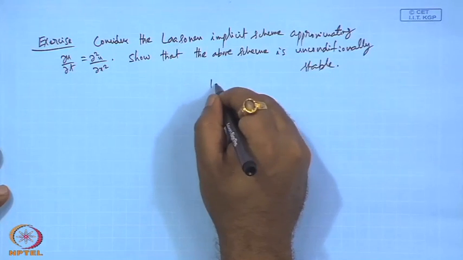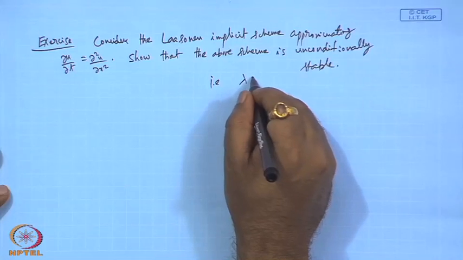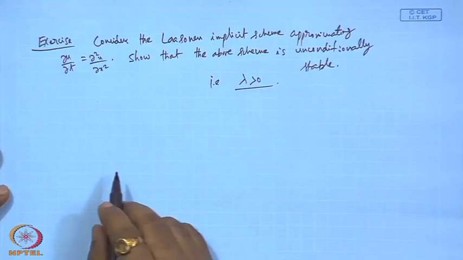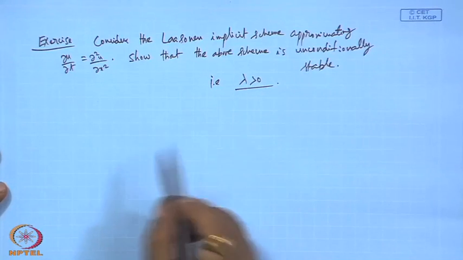Okay. So, that means for all lambda, so we get stability. Okay.